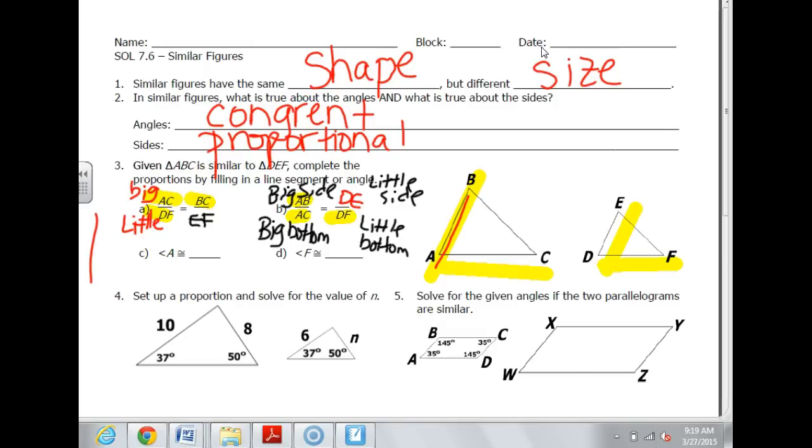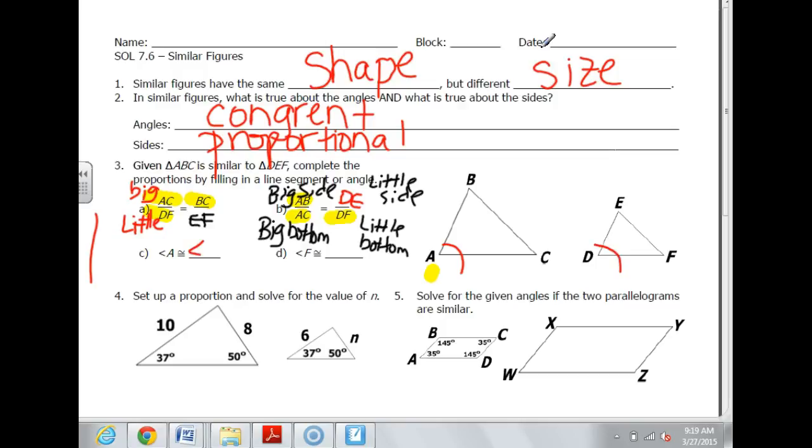All right, moving on to C. If angle A is congruent, and that's a congruent symbol, angle A is congruent to what other angle in the little triangle? What's in the same spot as A? D is.